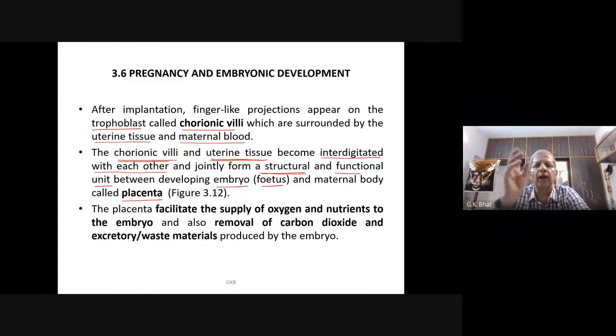Therefore, the placenta is concerned with four functions. One, supplying oxygen to the fetus. Two, removal of carbon dioxide from the fetus. Three, supplying nutrients to the fetus. Four, removing the waste material produced by the fetus or embryo.